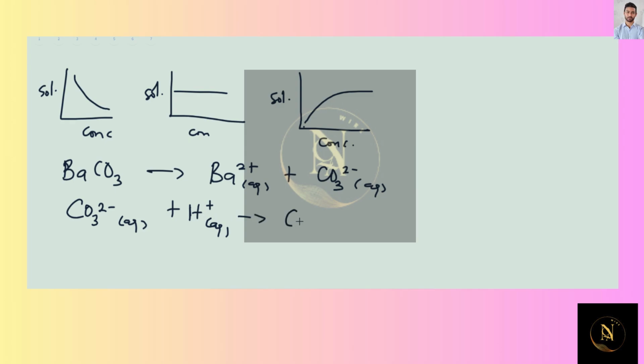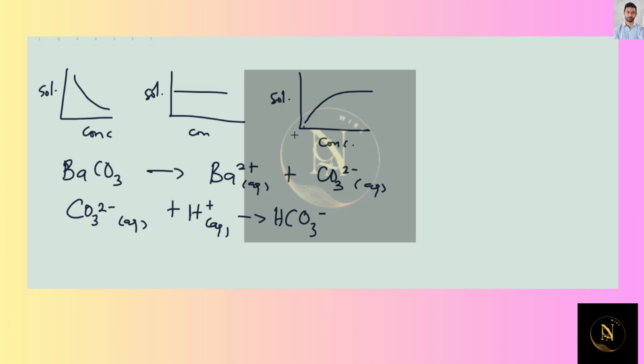If the acid causes the reaction with CO3 2- to form HCO3-, then the CO3 2- will be removed as it is formed, and that will shift the equilibrium towards the dissociation of barium carbonate, leading to an increase in its solubility.